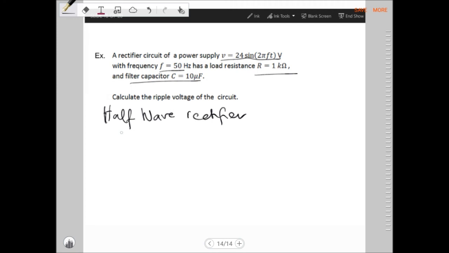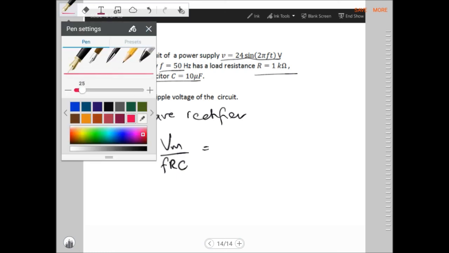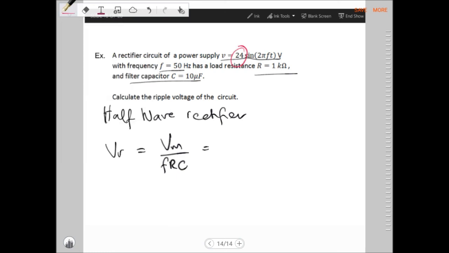I assume it's a half wave rectifier, so I know that VR equals Vm over fRC. Vm is the maximum of the input, which is 24 here. So it will be 24 volts divided by f, 50 hertz, times R. R is 1 kilo ohm, 10 to the power of 3, and C is 10 microfarad, 10 to the power minus 6 farad.